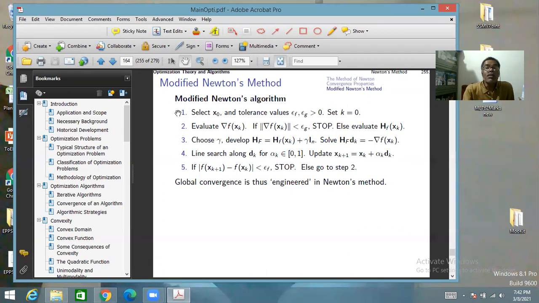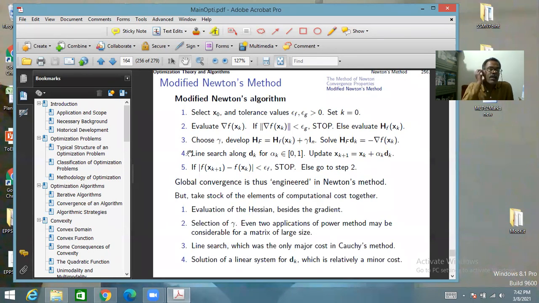Now, at what cost have we accomplished this? First of all, anything to do with Newton would mean Hessian. So modified Newton also has Hessian, and its evaluation is costly. Gradient is not too much of a cost. Hessian evaluation means too many functions have to be evaluated.